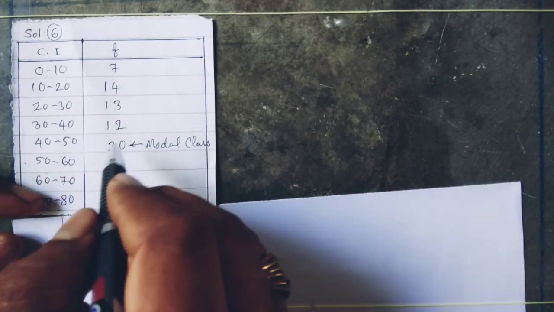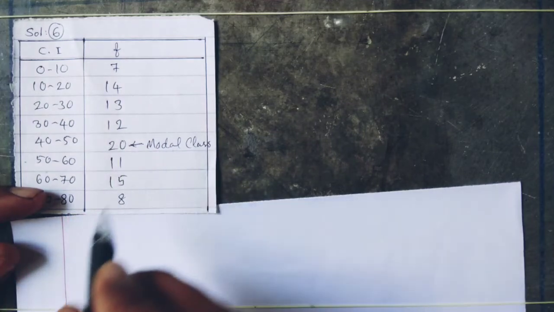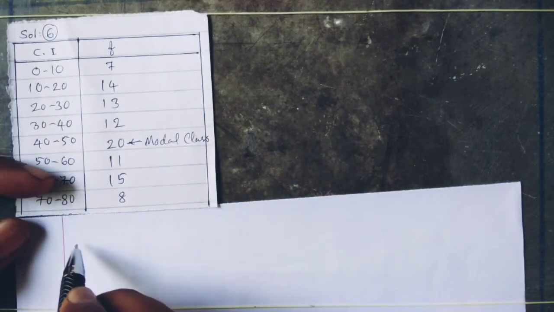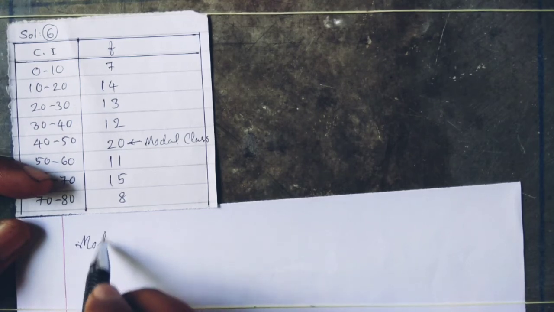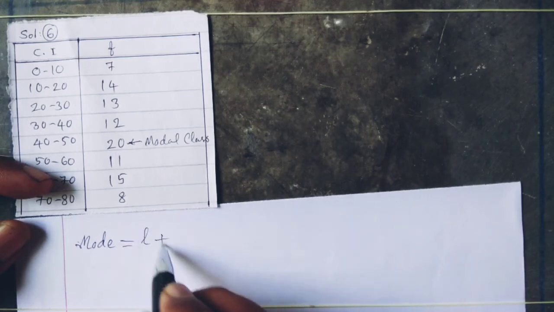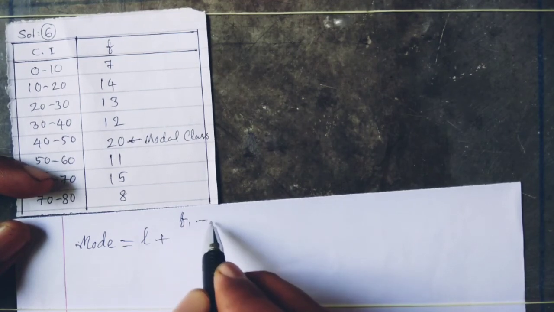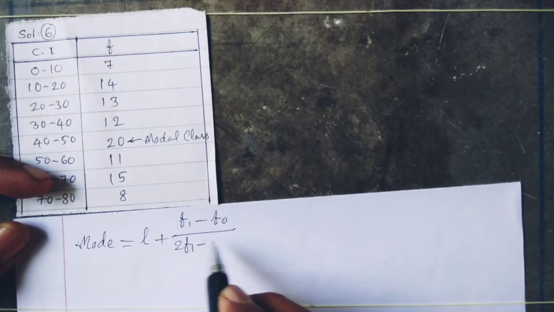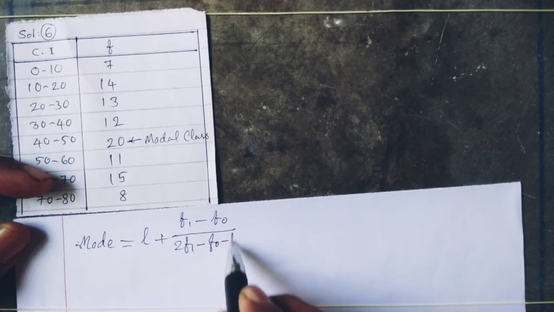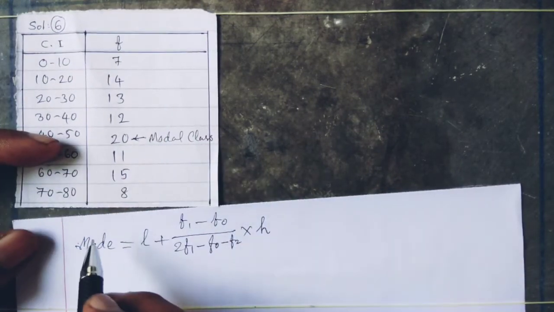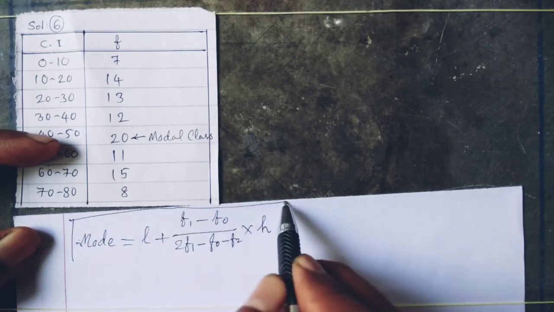Basing this, we can find mode using this formula. Mode is equal to L plus (F1 minus F0) by (2F1 minus F0 minus F2) into H. This is the formula to find mode.